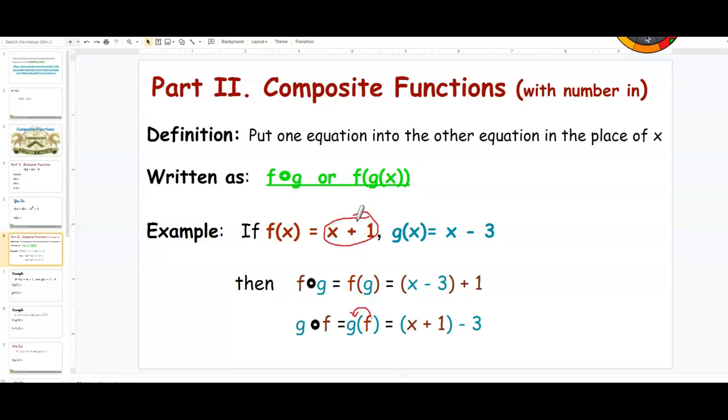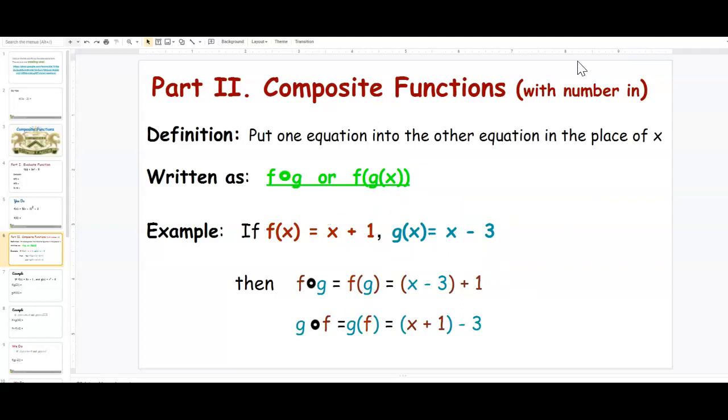Put equation f into equation g in the place of x. So here, x is gone, you're going to replace it by the equation for f, which is x plus 1. So you have the new equation, g of x equals x plus 1 minus 3. You see, we're putting equation f into equation g in the place of x.